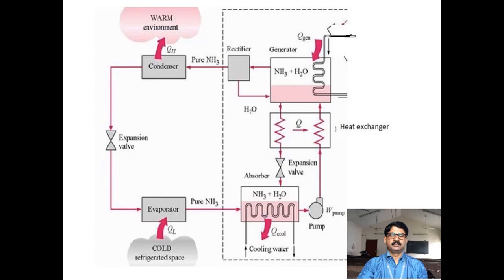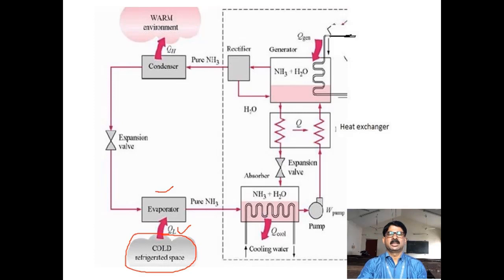So let me explain the components first. Here you can see the evaporator. You know that the evaporator is a place wherein the refrigerant absorbs heat from the cold refrigerated space. You can see this is the cold refrigerated space. Here is the amount of heat absorbed by the evaporator.